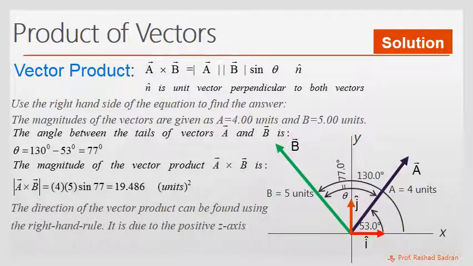The direction of the cross product can be obtained using the right-hand rule, and this is obviously perpendicular to the plane, along the positive z-axis. So the result is 19.48 k hat units squared.